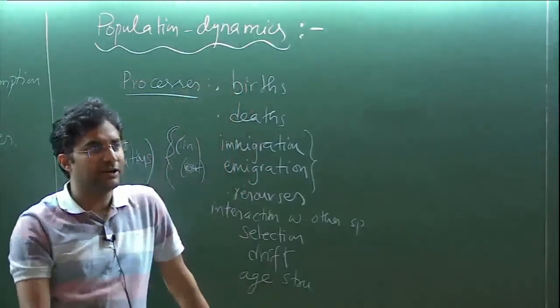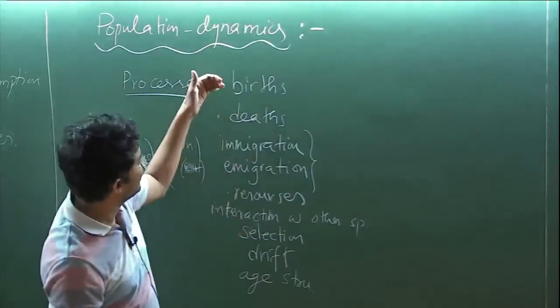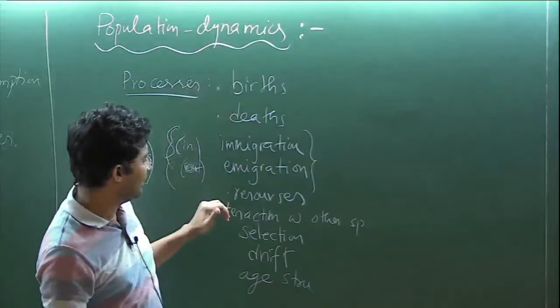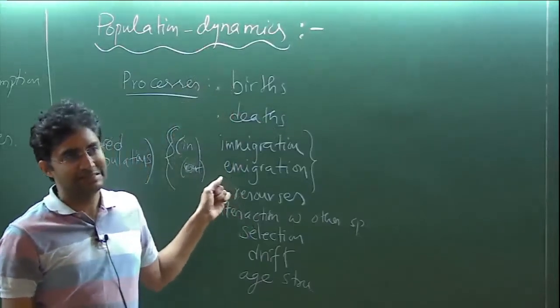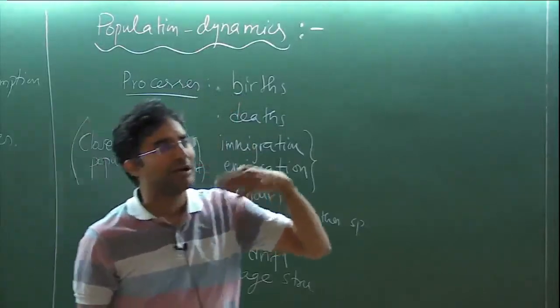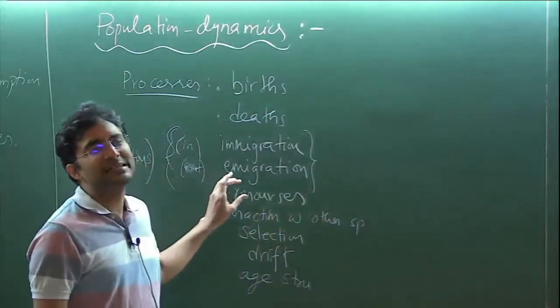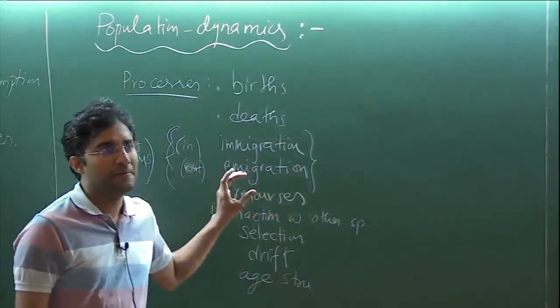Increased competition causes reduced birth or increased death. So if I were able to keep track of birth and death carefully, I don't have to worry about this explicitly, right? If I can modulate these two in some way, whatever I verbally said can be captured, and I don't have to explicitly track resources. Do you all agree with that?